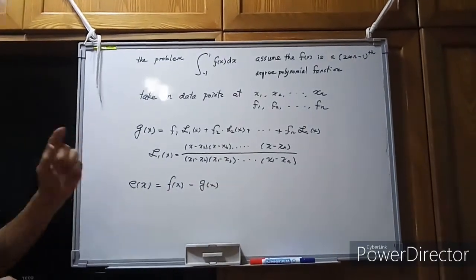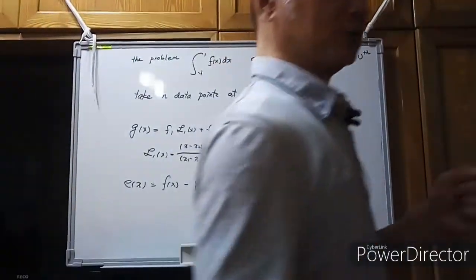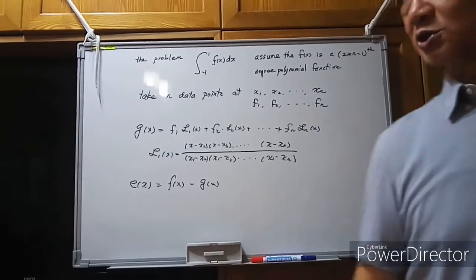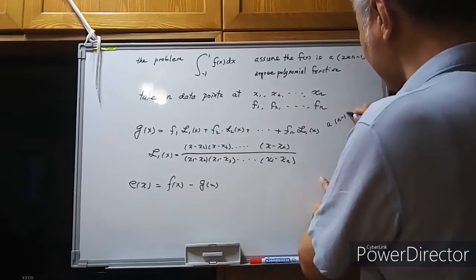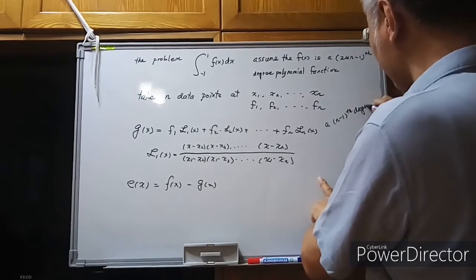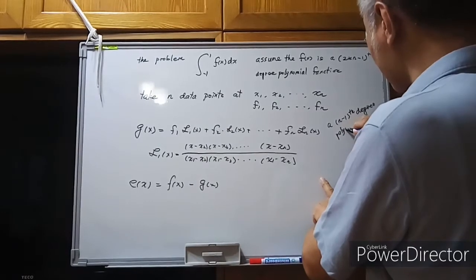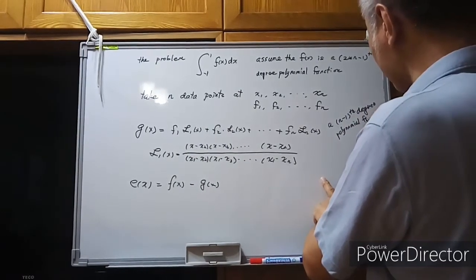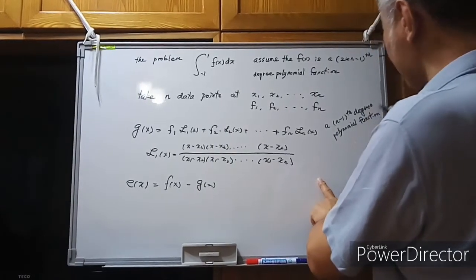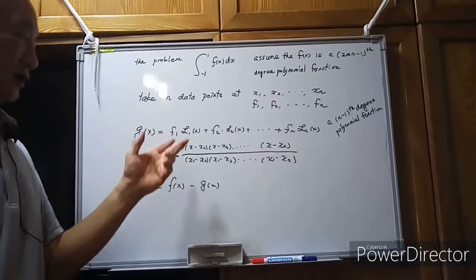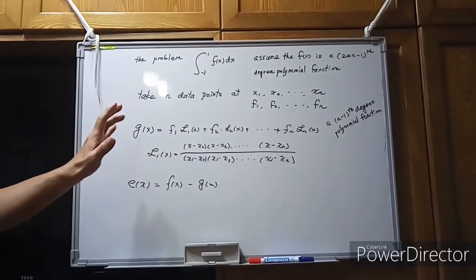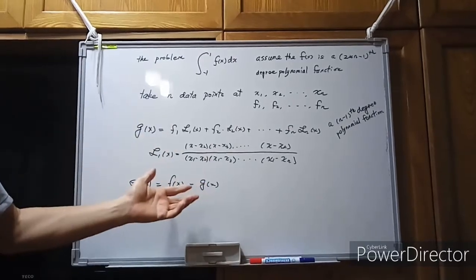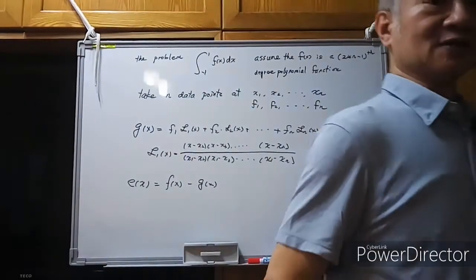Okay, since f of x is a 2n-1 degree polynomial function, and g of x is an n minus 1th degree polynomial function, it is not possible for these two functions to be the same, since their degrees are different.